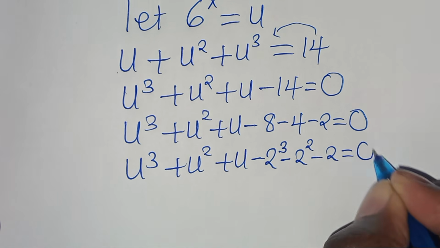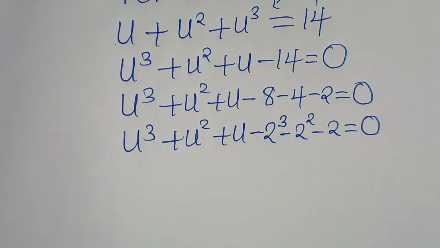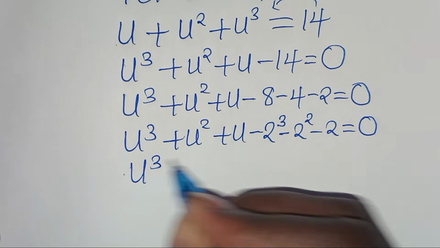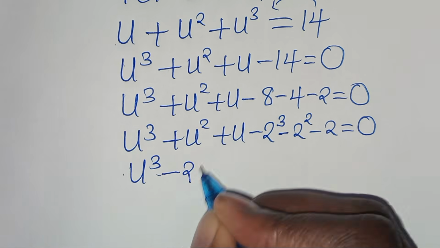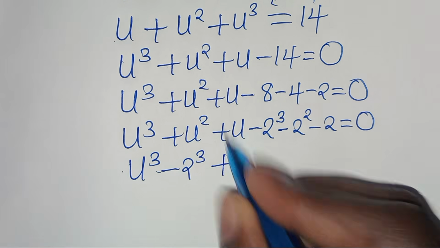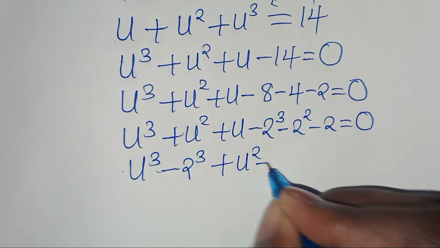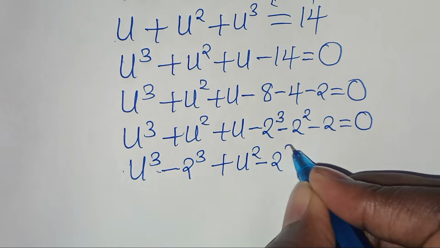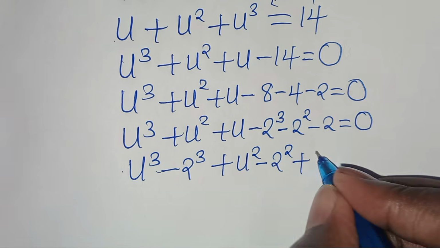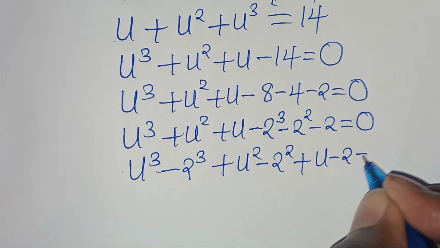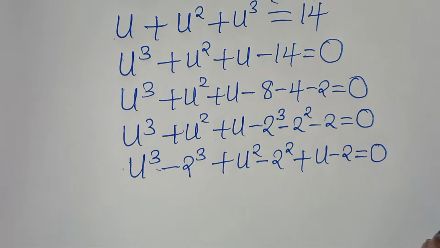This is equal to 0. So this is u to the power of 3 minus 2 to the power of 3, then plus u to the power of 2, subtract 2 to the power of 2, then plus u minus 2. This is equal to 0.